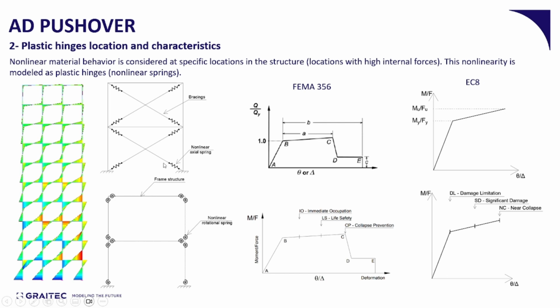non-linear springs. And on the right hand side, we can see the different graphs for those springs. So, for example, we see here a typical bilinear plastic hinge for beams that is used for beams and columns, and we have the different parameters explained here, and these parameters correspond to the previous graph we saw earlier about the damage limitation, the significant damage, and the damage that is near to collapse.